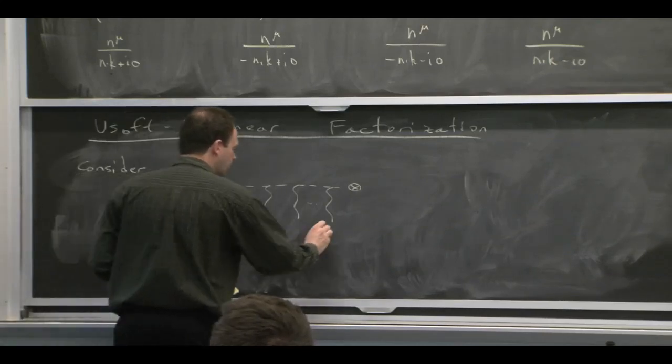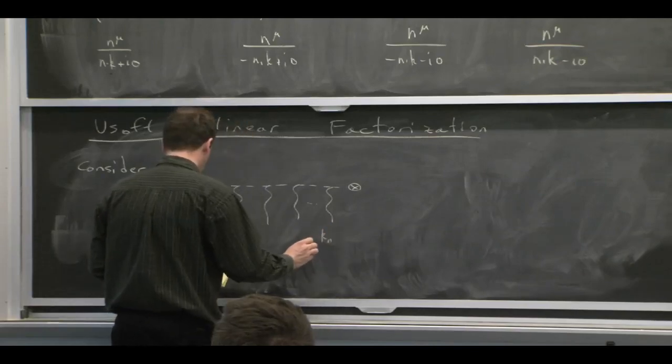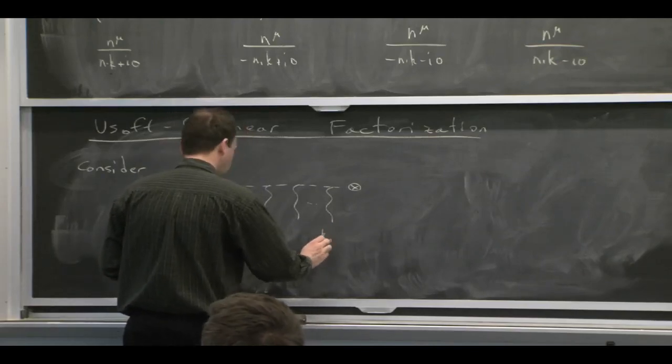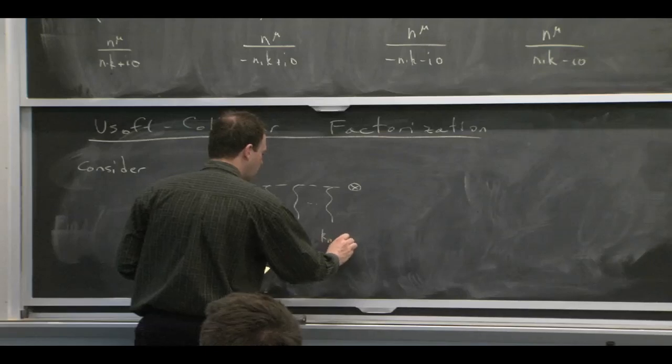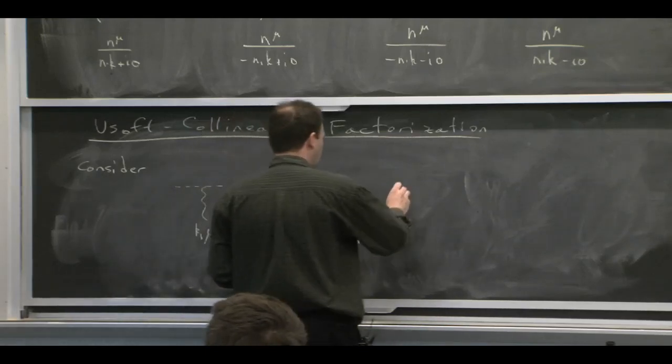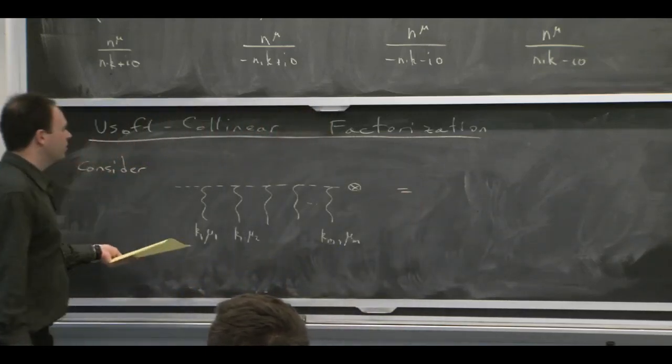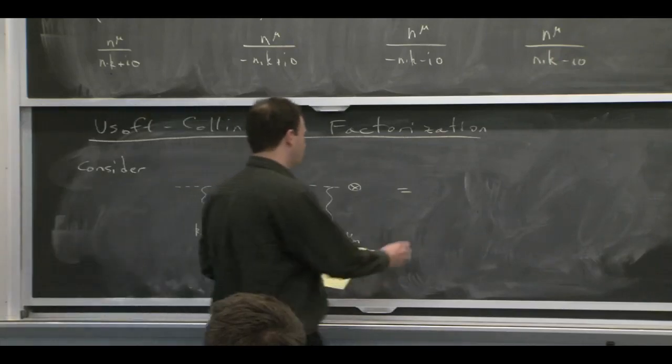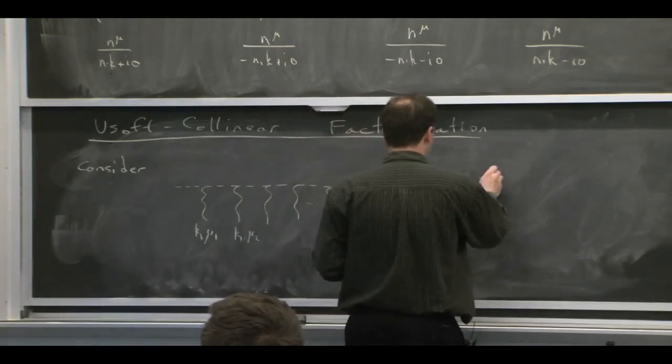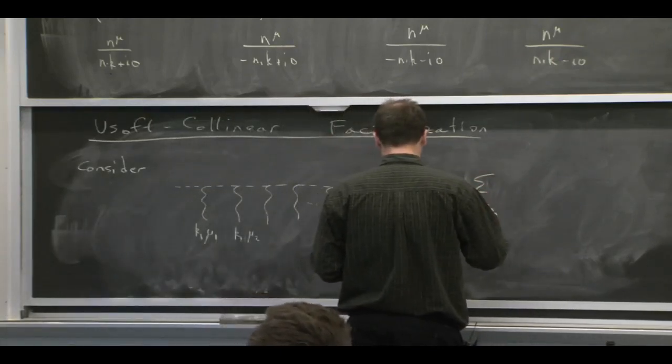So in kind of obvious notation, let's call it M. So we could sum up those diagrams. And if we sum up those diagrams, we get something that looks familiar.